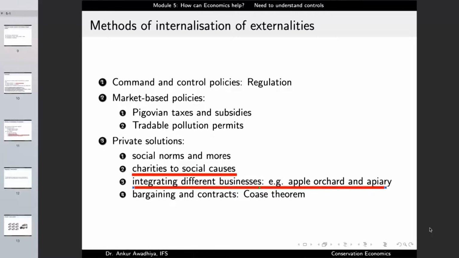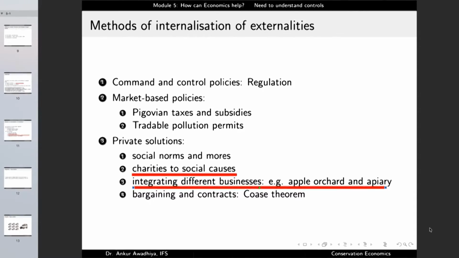Now, in such a scenario, the person is able to produce honey and sell off the honey, and at the same time, this person also has the honeybees to pollinate his apple orchard. So, because both of these businesses aid each other, it makes economic sense to integrate both of these businesses together. So, this is also another way in which externalities are internalized, and especially the positive externalities.